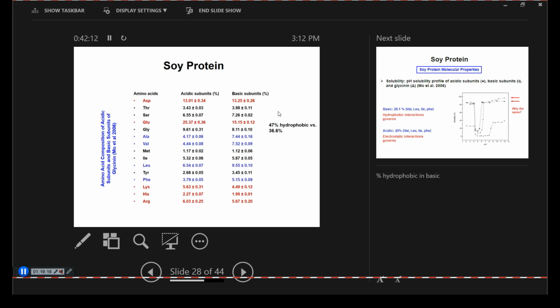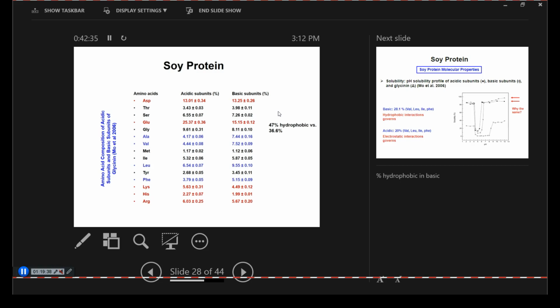But yet, because they differ a lot in the glutamic, this becomes more of a basic subunit than an acidic subunit. But what is more important is the basic subunit has much higher hydrophobicity. So it has 47% hydrophobic residues compared to 36% hydrophobic residues in acidic subunits.